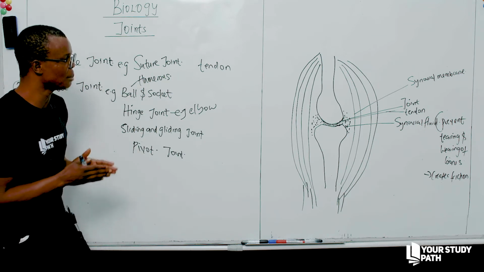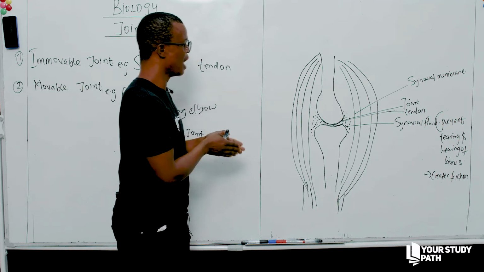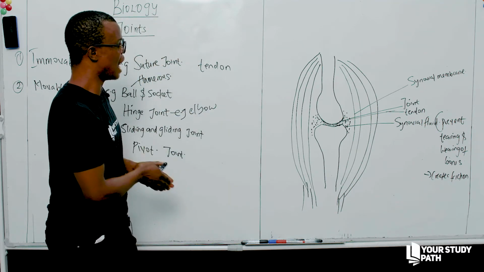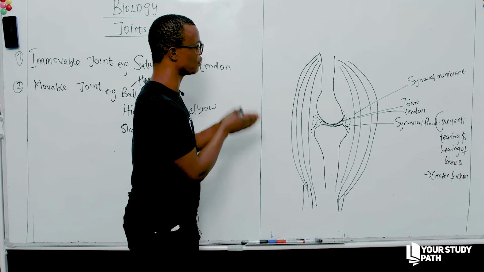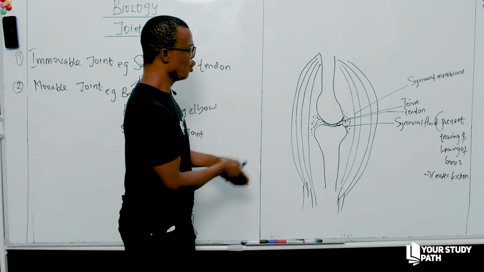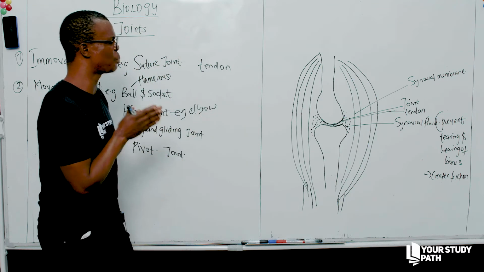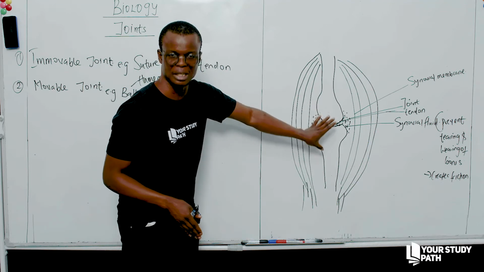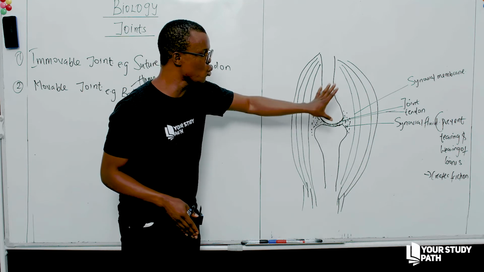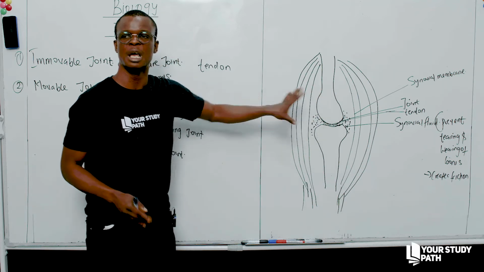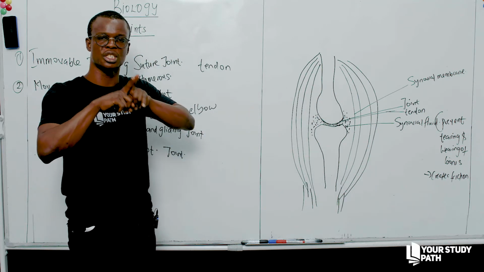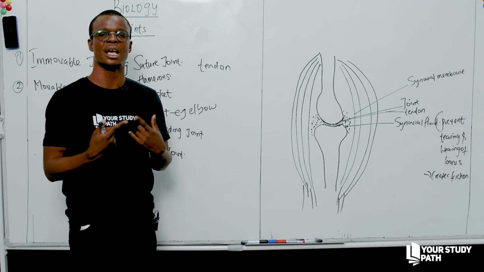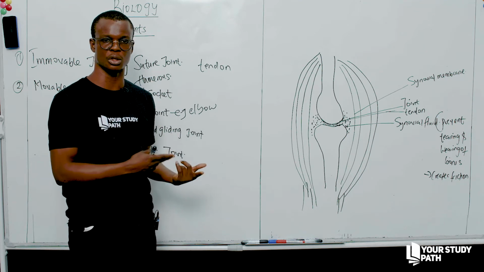So we talked about the attachment of bone to bone and the attachment of bones to muscles, and we talked about the function of what? Of the synovial fluid. We said synovial fluid is responsible for protecting the joints. It prevents the wearing and tearing of the joint, because if the two bones touch each other, it creates a problem for the joint.